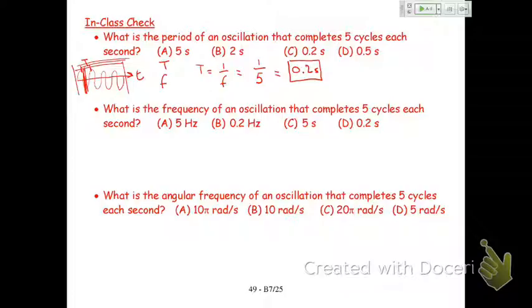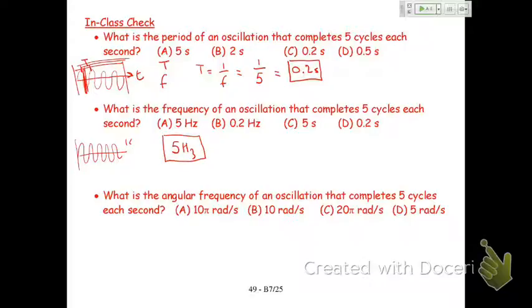What is the frequency of an oscillation that completes 5 cycles each second? Well, it's 1, 2, 3, 4, 5. There's 1 second. What's the frequency? Frequency is the number of cycles per second. Oh, 5 hertz. I'm just playing with names there.